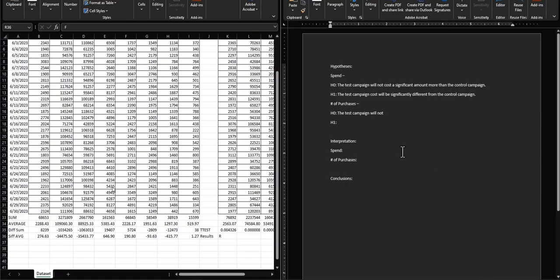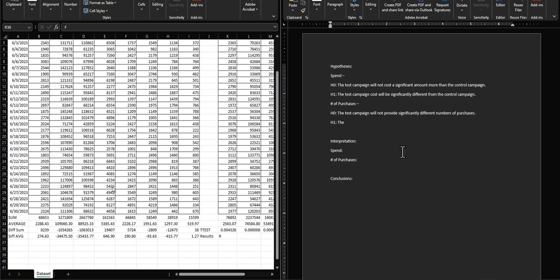The test campaign will not provide significantly different numbers of purchases.